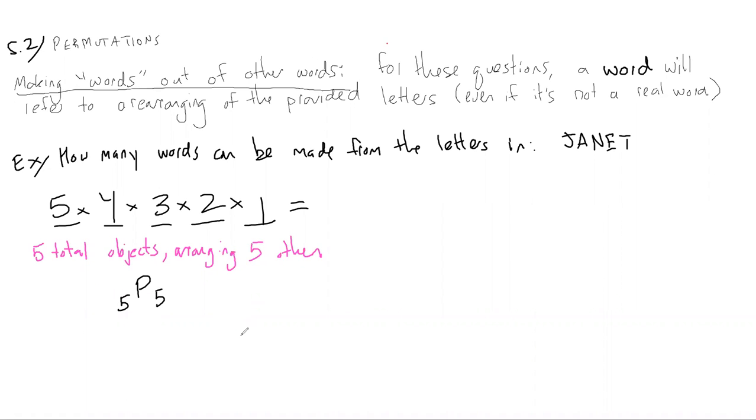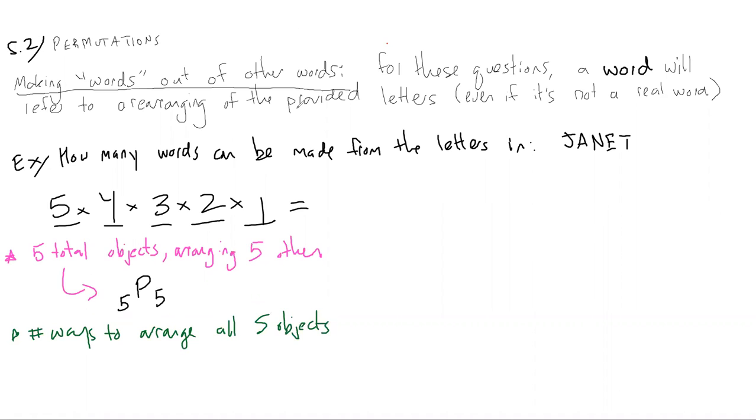Or if you think back to just the definition of what a factorial is, we could also just use the number of ways to arrange all 5 objects. But these are all the same thing.